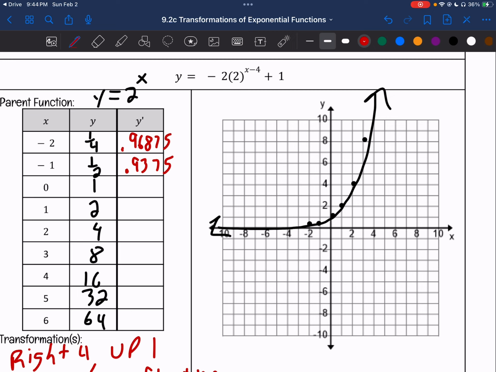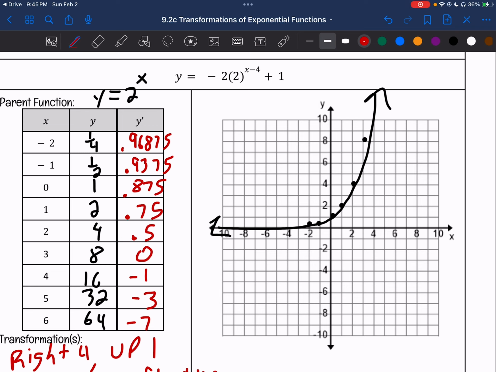An input of 0 gets me 0.875. An input of 1 gets me 0.75. An input of 2 gets me 0.5. An input of 3 gets me 0. An input of 4 gets me -1. An input of 5 gets me -3. An input of 6 gets me -7.